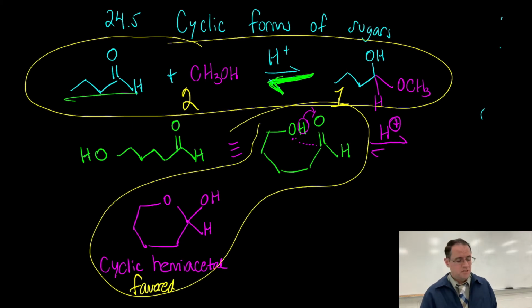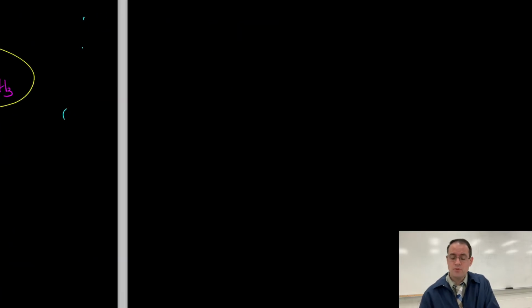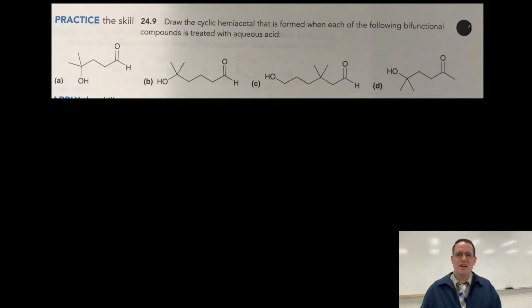Let's just jump in. You can read more about the example here, but let's just do some problems. Problem 24.9. For problem 9, we're just interested in reviewing cyclic hemiacetals. We're not talking about sugars yet, okay? The textbook example recommends numbering the carbons. I would as well.